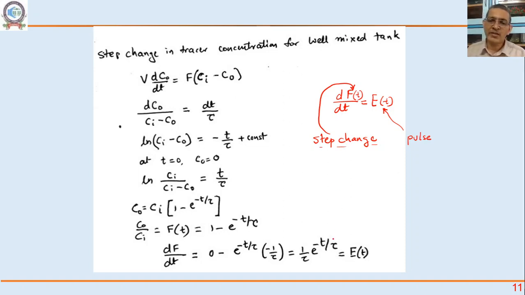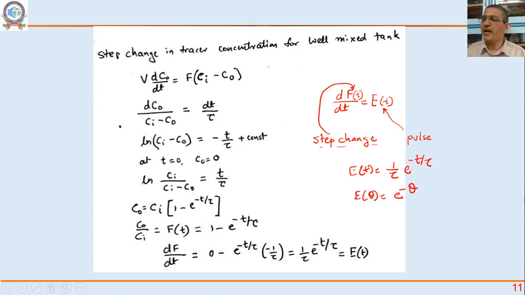So a well mixed reactor will have a response E of t equal to 1 by tau e raised to minus t by tau, or E theta equal to e raised to minus theta.